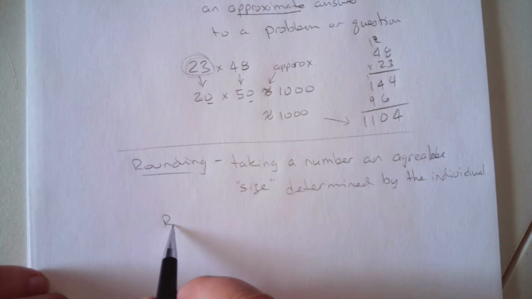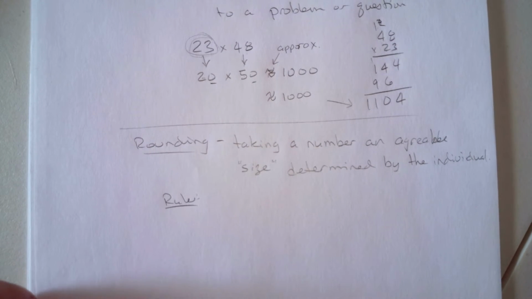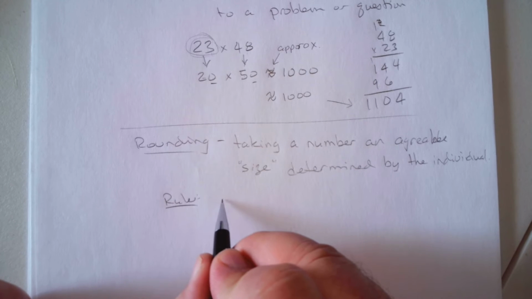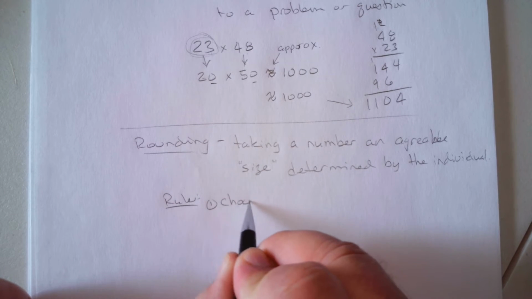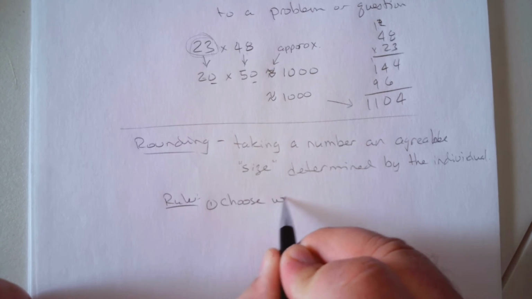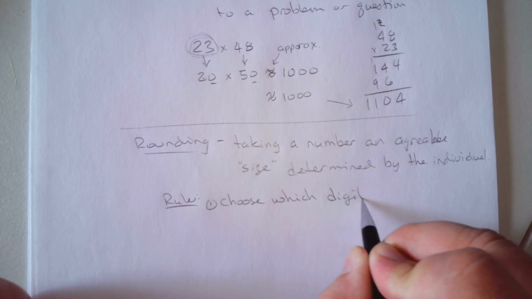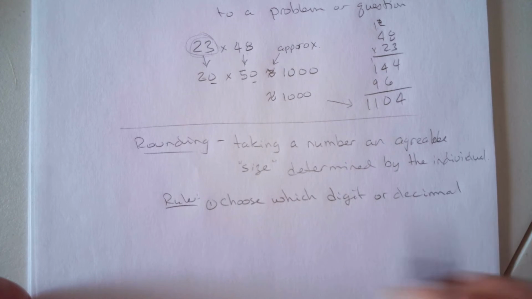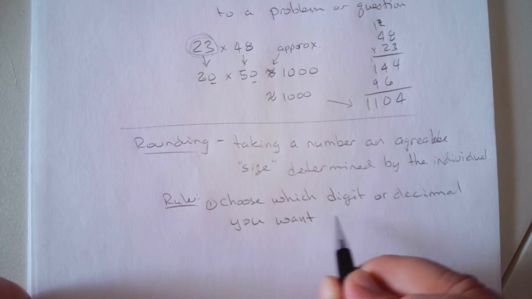The rules for rounding. First, choose which digit or decimal you want to round to.